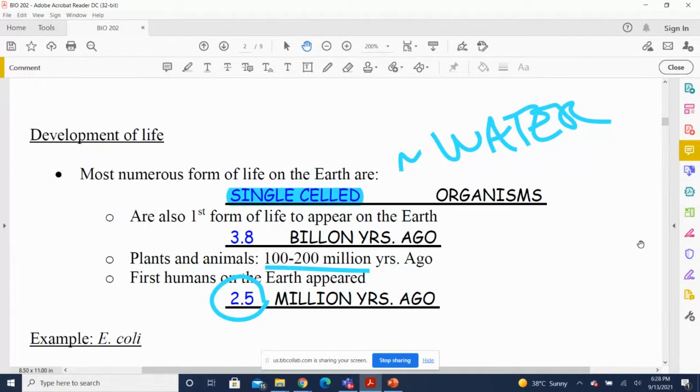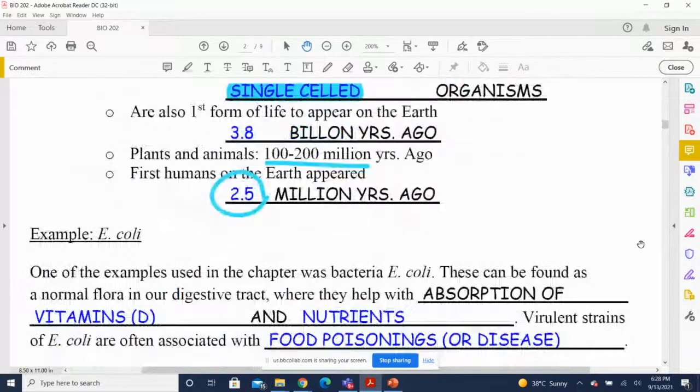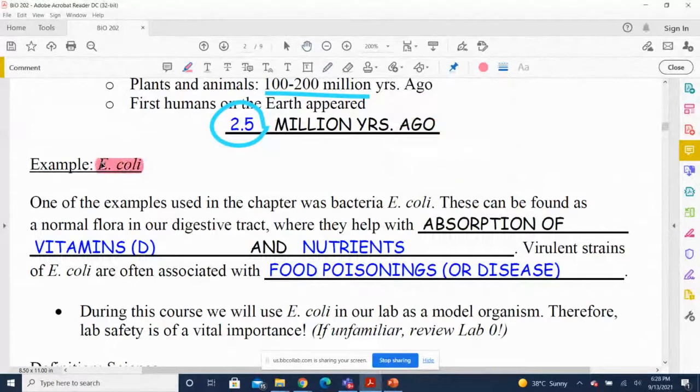One of the examples of simple forms of life that I shared with you was bacteria, and this bacteria that I talked with you about is known as E. coli. Escherichia coli is a bacteria that's naturally found especially in our digestive tract, and it serves many important purposes there, such as playing a role in vitamin D absorption and utilizing the nutrients.